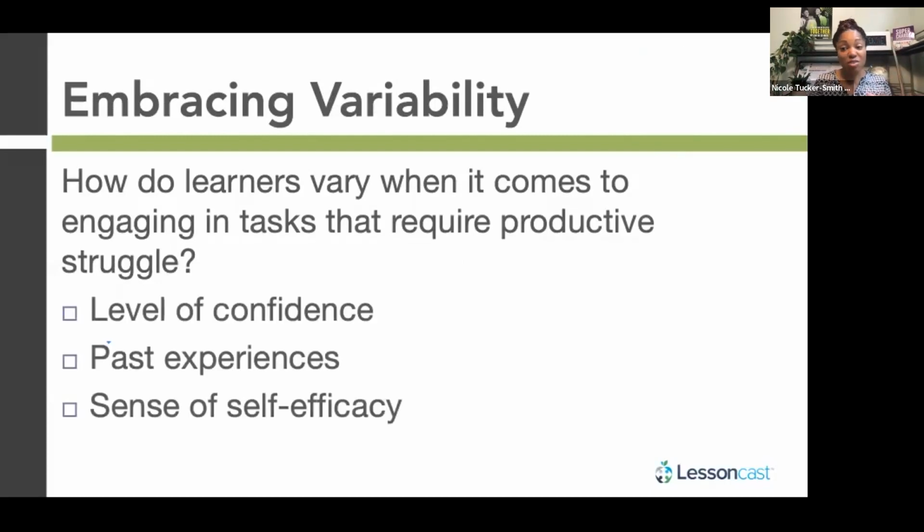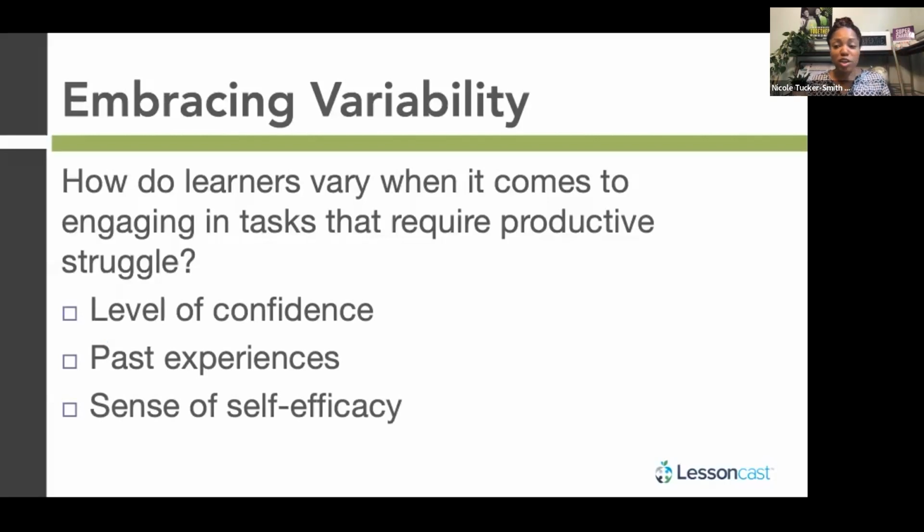Students are going to vary in terms of their level of confidence, right? That's just facts. And some of that confidence has been developed over time, right? Maybe they've experienced a lot of failure in the past in a way that was non-supportive and judgmental. So that's going to lower their confidence level. Or maybe they've been in inflexible learning environments where you could only express your understanding in a certain way, and it reduced how they felt about themselves as a learner.